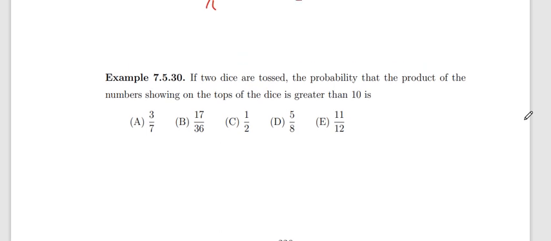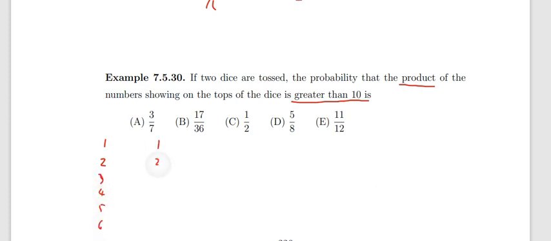Let's consider the next problem. If 2 dice are tossed, what is the probability that the product of the numbers showing on top is greater than 10? The first one could be 1, 2, 3, 4, 5, 6.